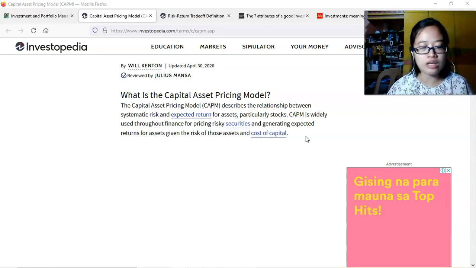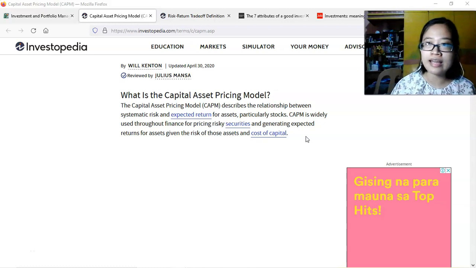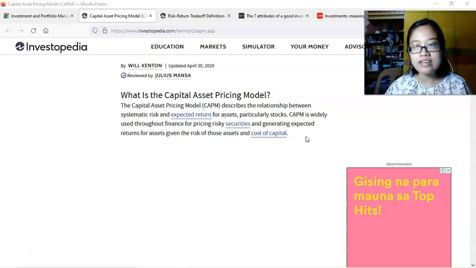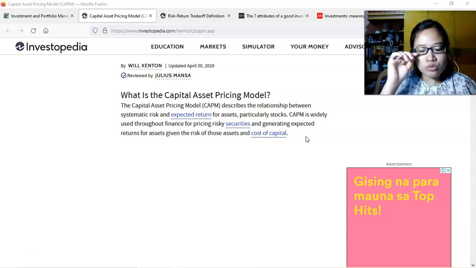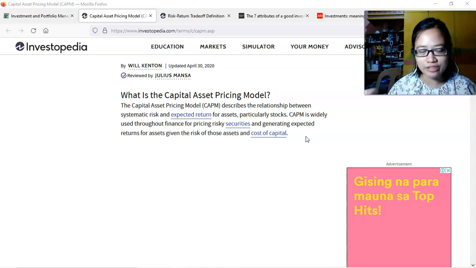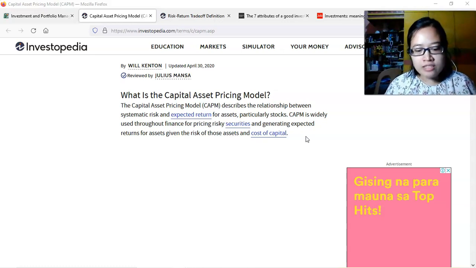And when it goes down, the market price will go down. Eventually, it would come to a point kung kailan magiging siyang fairly priced, and it is at that point na karamihan ng investors would think that this investment is already fairly priced, so pwede nang bilhin, or marami na ang possibly bibili ng particular investment na yun.